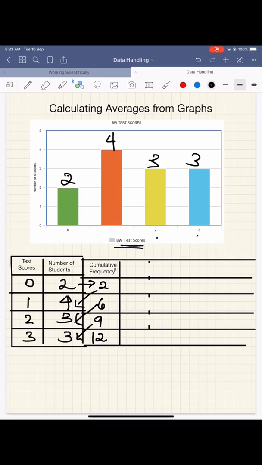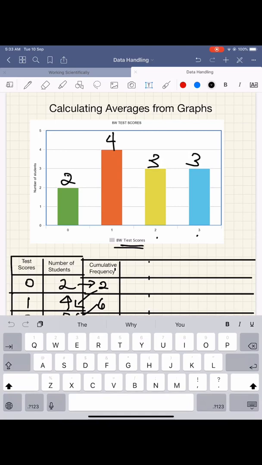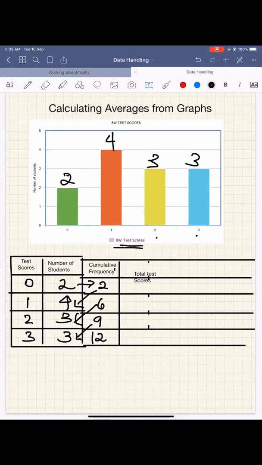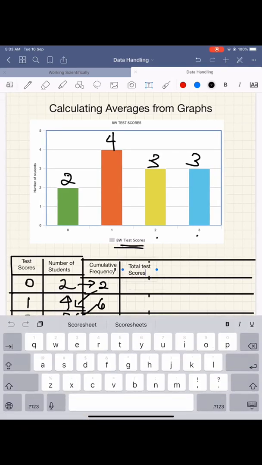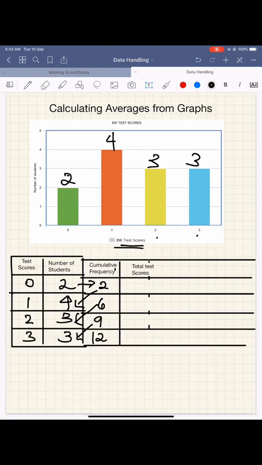We want to get the total test scores. And how do we do that? We need to multiply test scores by the number of students.